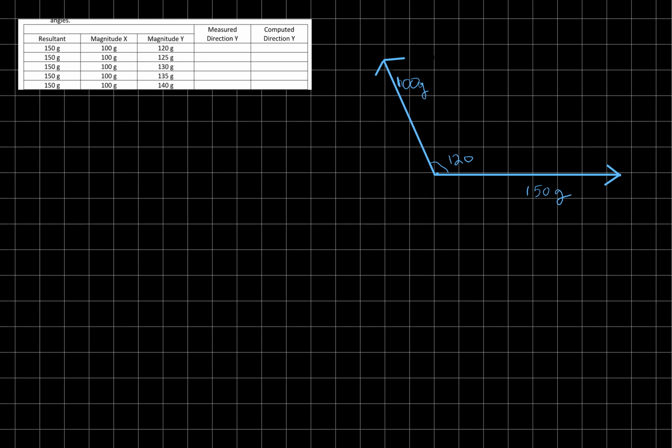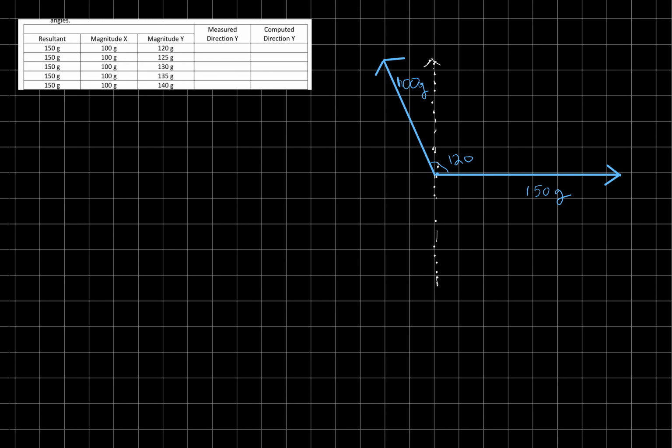So if this force right here has a y component in this direction, the y component of the y force, or magnitude y, is going to be equal to that. That's almost 4 squares, 1, 2, 3, 4, and a little bit more.